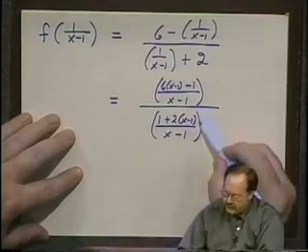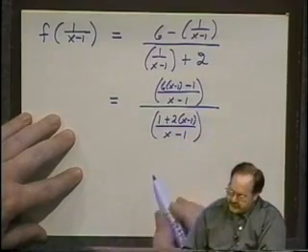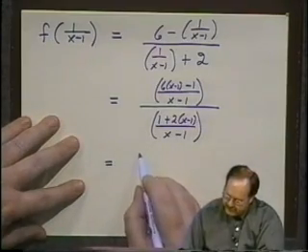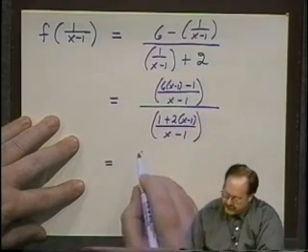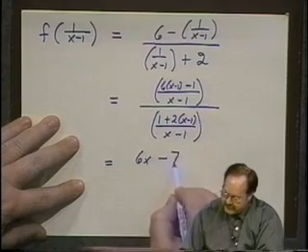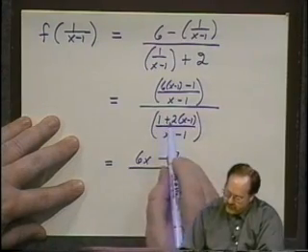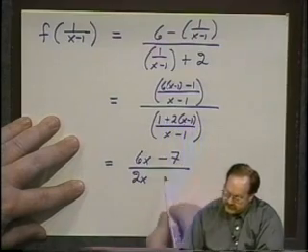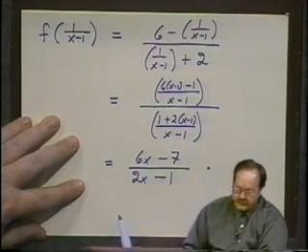Of course, when you flip and multiply, the x minus 1s will cancel each other. And then I will have, multiplying out the top here, 6x. Then I have minus 6 minus 1 is minus 7. All over 1 plus 2x, put the 2x first. Then I have 1 minus 2, so I have minus 1. Okay?